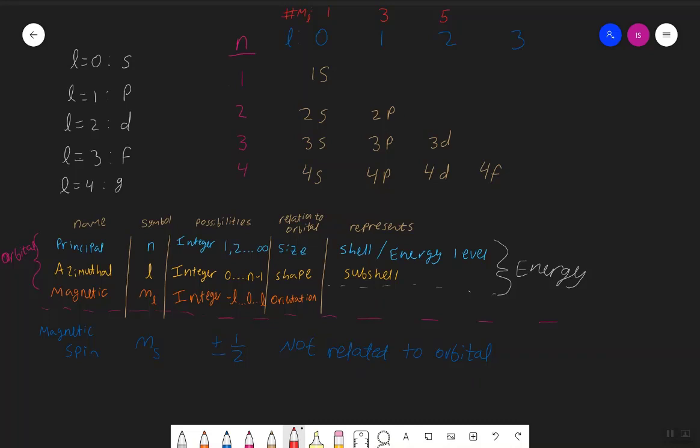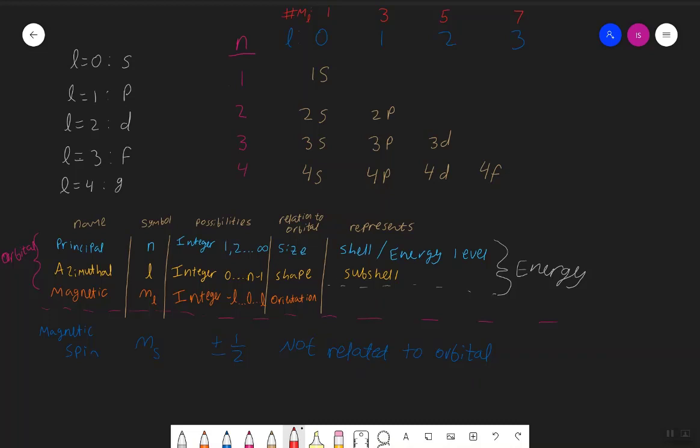There are 5 orbitals in a 3d or a 4d subshell, and then there are 7 orbitals in a 4f or a 5f or 6f. In an f subshell, there are 7 allowed orbitals.